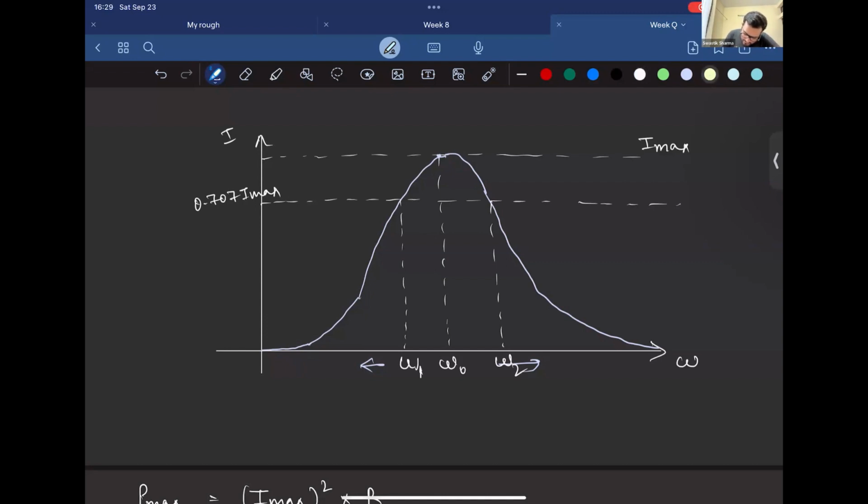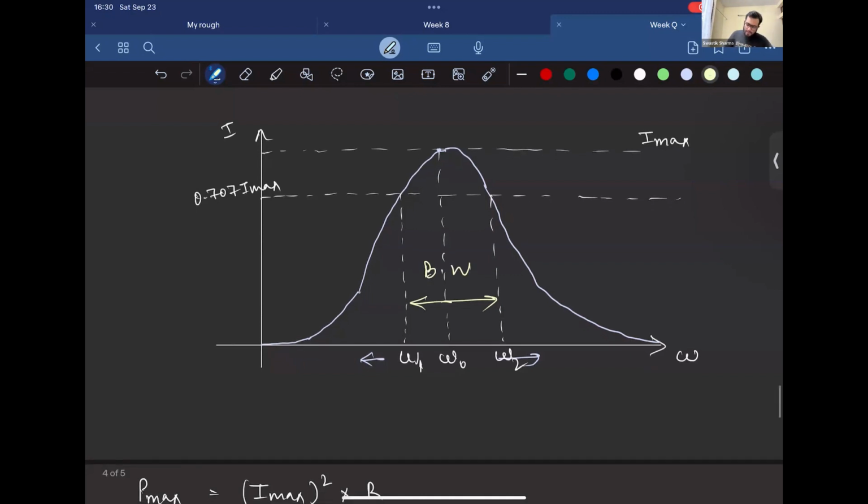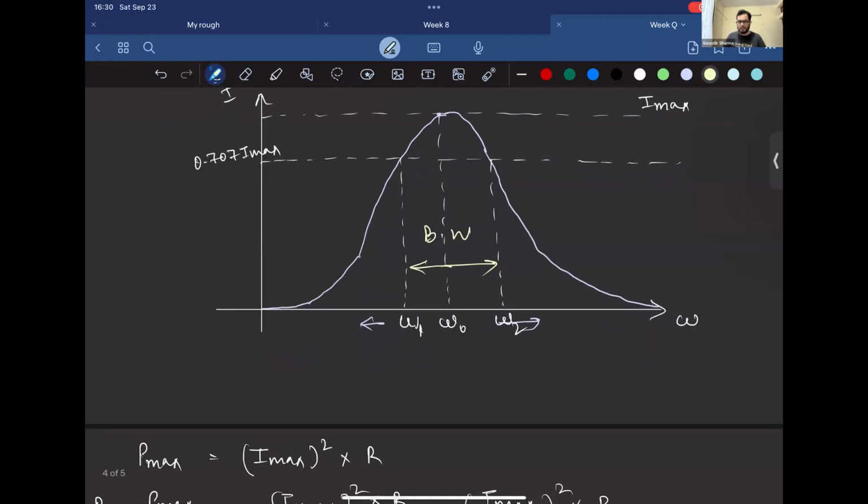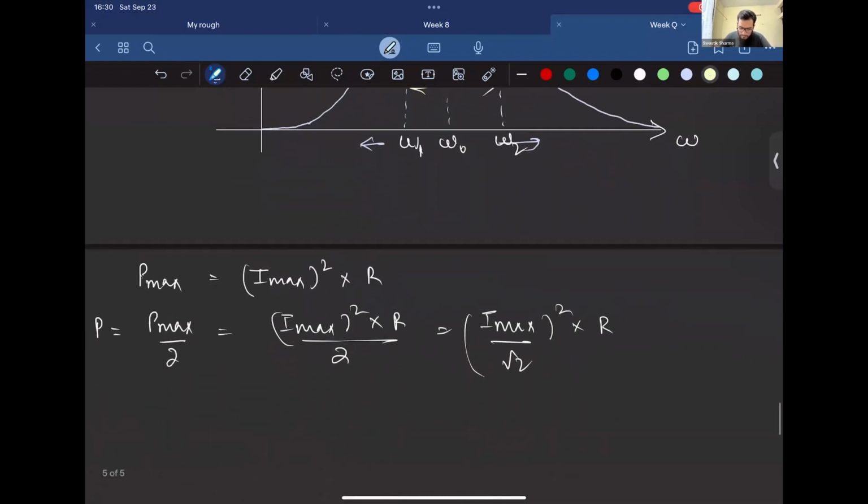So the total range of frequencies at which the power is at least half the maximum power is what we call our bandwidth. So our bandwidth is nothing but the total range of frequencies at which the power is at least half the maximum power. So that's our bandwidth.